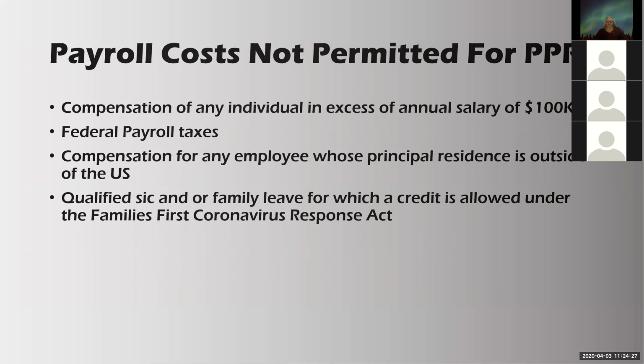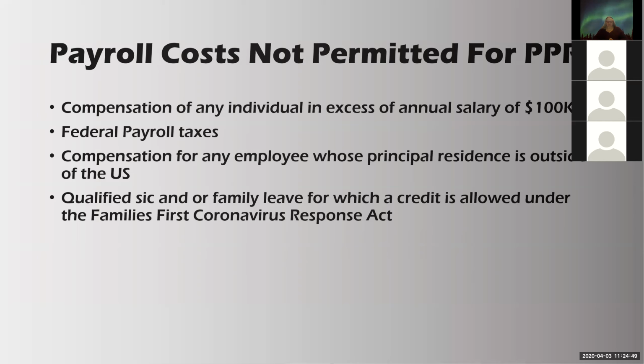The costs that are not permitted under these: you cannot compensate any individual in excess of an annual salary of 100K. In other words, if you have somebody making 250,000, then this is capped at 100. So you can only use it for the first 100, and you have to come up with the rest.